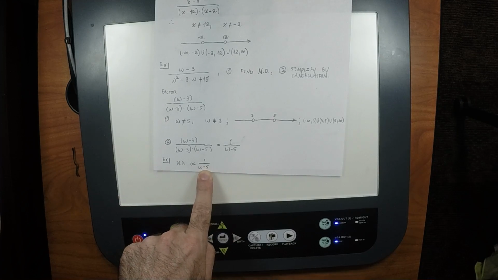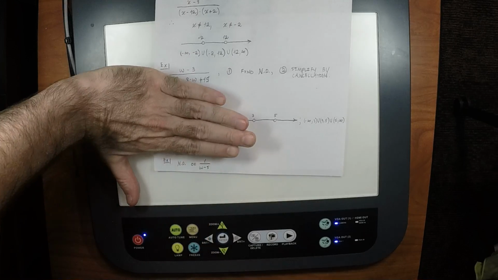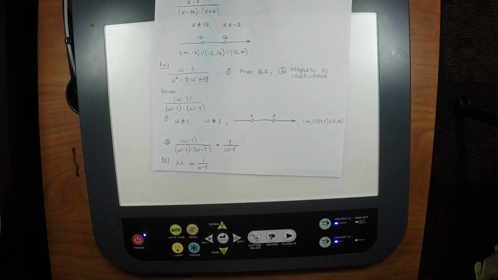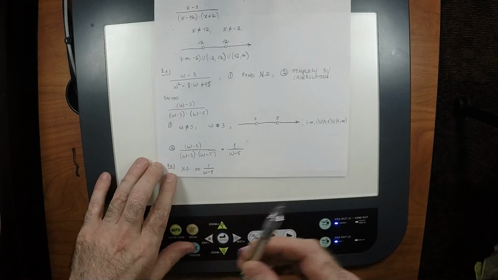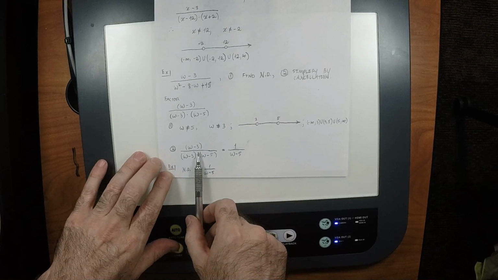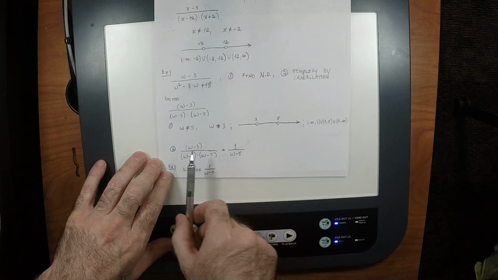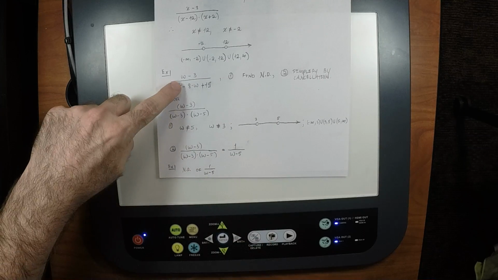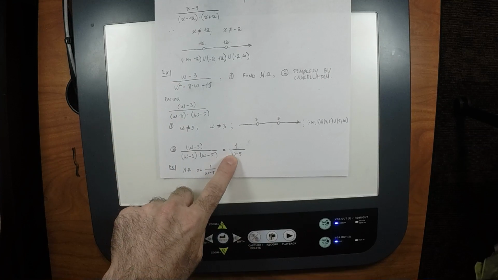Yes, because it's a separate issue. But that's not what was asked. The reason I'm pointing this out so repetitiously is that students do this cancellation thing and then have a difficult time comprehending that I'm asking about the natural domain of the original thing, not this thing that you came to after cancellation.